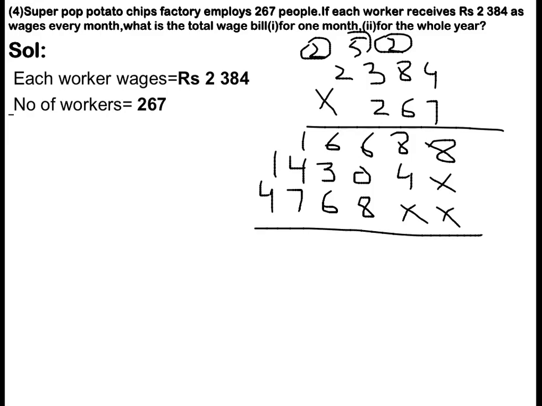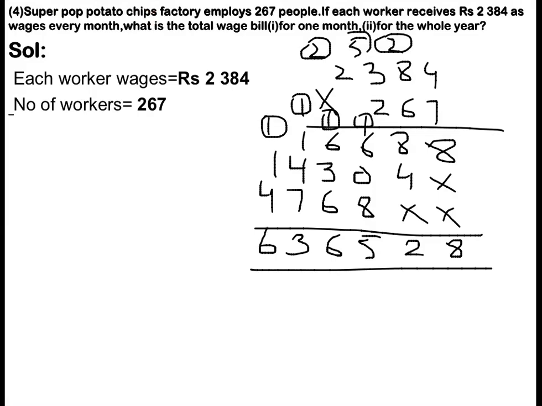Now we will add. 8, 12, 1 carry. 7 plus 8, 15, 1 carry. 6 plus 1, 7, 7 plus 3, 10, 10 plus 6, 16, 1 carry. 1 plus 1, 2, 2 plus 4, 6, 6 plus 7, 13, 1 carry. 16.